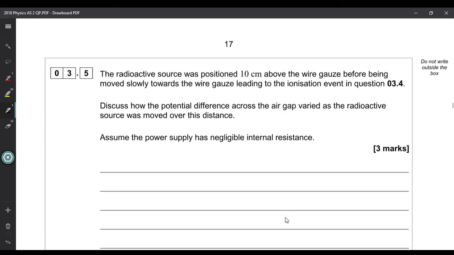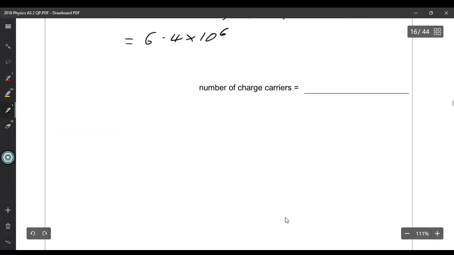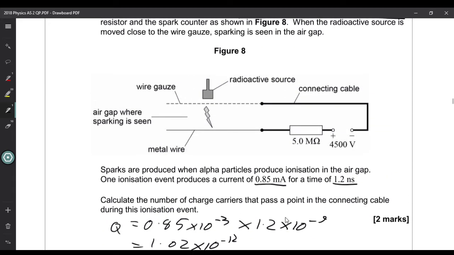So if we just have a look at the diagram again, we can see that we've got this 4,500 volts supply here, a 5 mega ohm resistor, and we've got this radioactive source. Now when this radioactive source is 10 centimeters away, we know that ionization is only going to occur when it's within 3.5 centimeters from the gap.